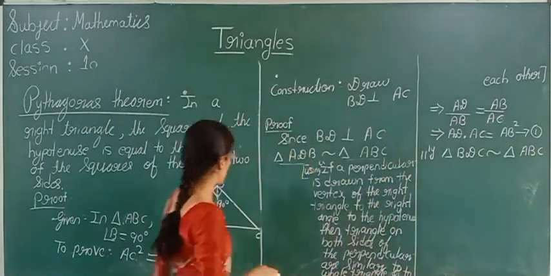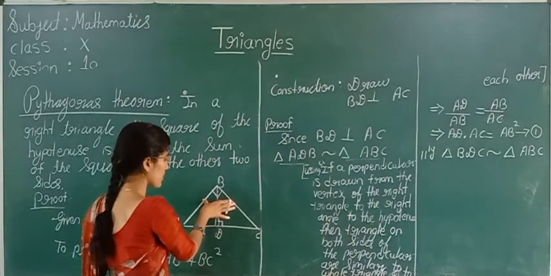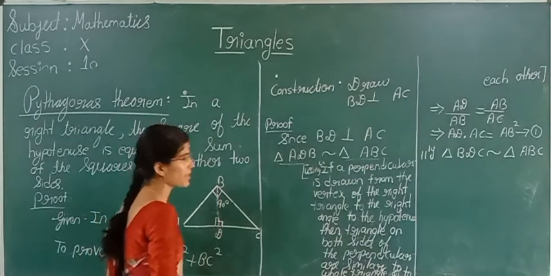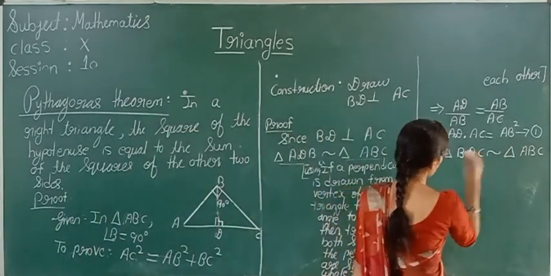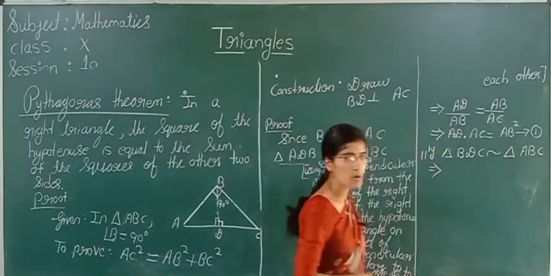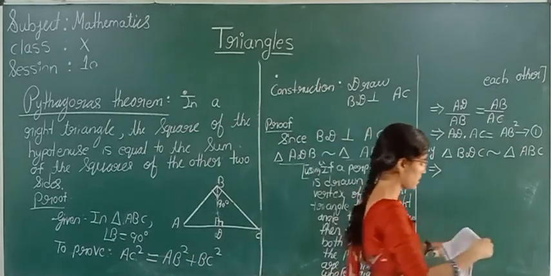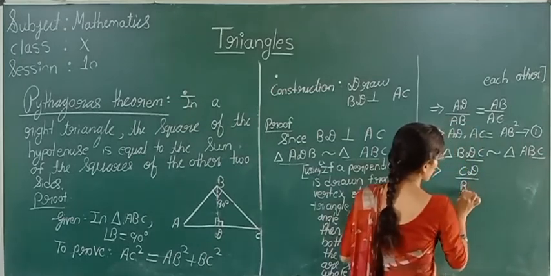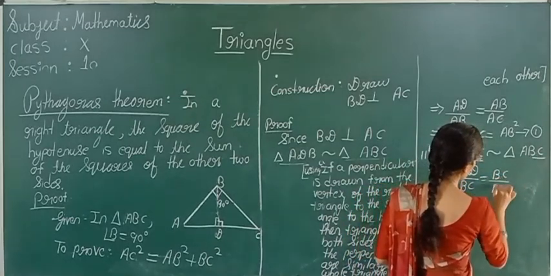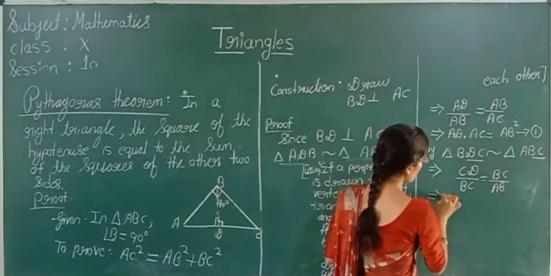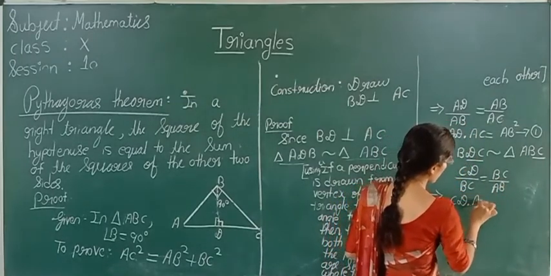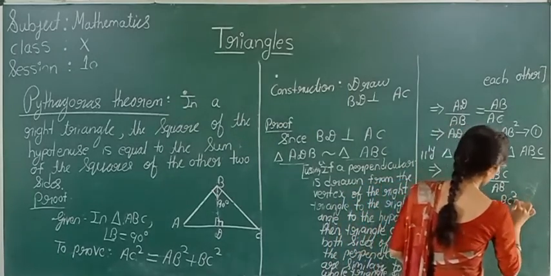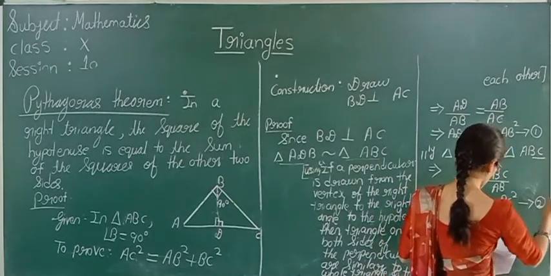Since these two triangles are similar, their corresponding sides are in the same ratio. So we can write CD by BC is equal to BC by AB. So this implies CD into AB is equal to BC square. Call this equation number 2.